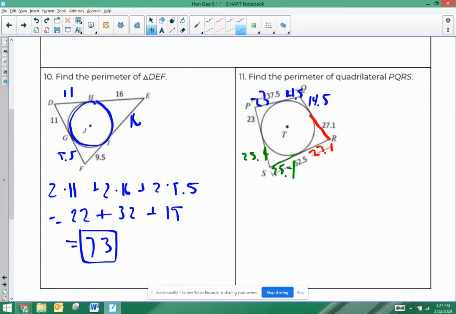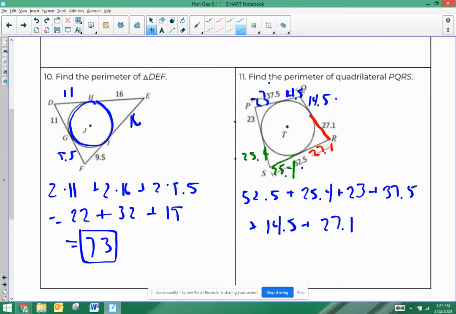So my perimeter is adding all the outside. So I have 52.5 plus 25.4. I'm starting here and going around. Plus 23 plus 37.5 plus 14.5 plus 27.1.